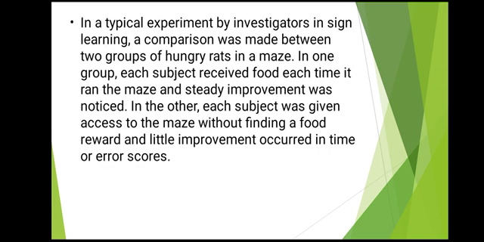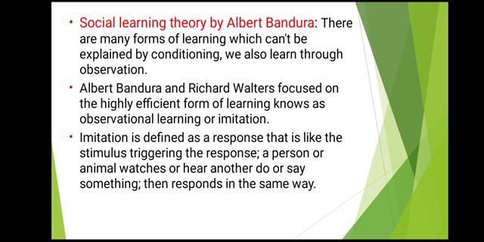On the basis of this, Tolman concluded that we can make learning possible if we use some signs and symbols in between, so that we can learn things in a better way. So this is about Tolman's sign learning theory. It's very simple: whatever you want to learn, just use some signs and symbols so that you can make learning possible in an easy way.